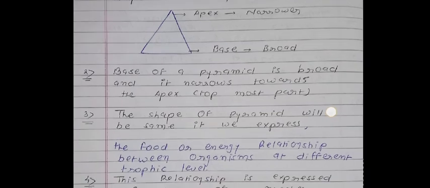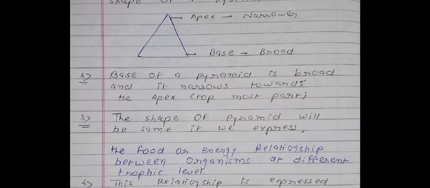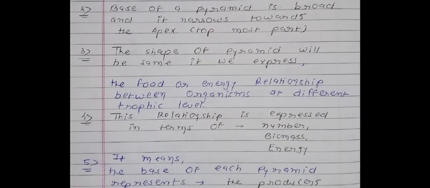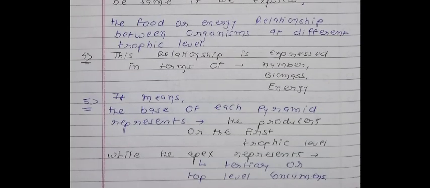Second point is that the base is broad while the apex is comparatively narrower. Point number 3, the shape of the pyramid will always be the same. Point number 4, the relation is expressed in terms of number, biomass as well as energy. And point number 5, the base represents producers, the first trophic level, while the apex, the anterior-most part, represents the tertiary or the top level consumers.